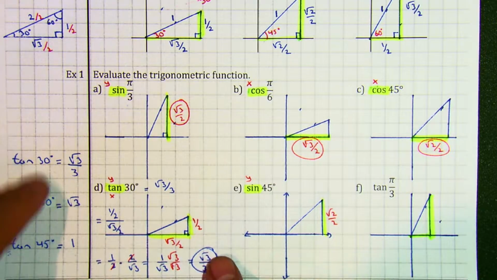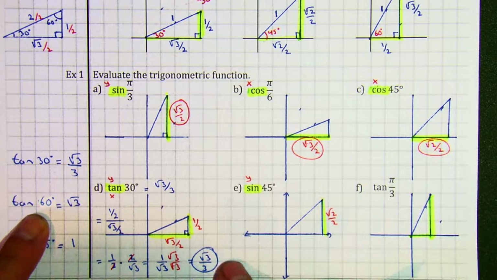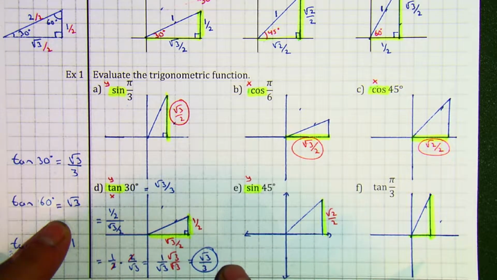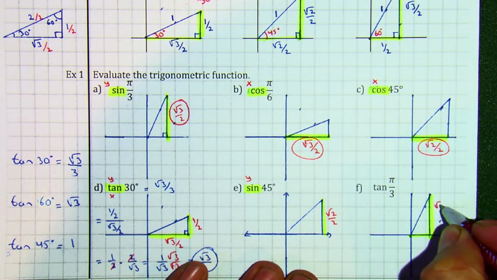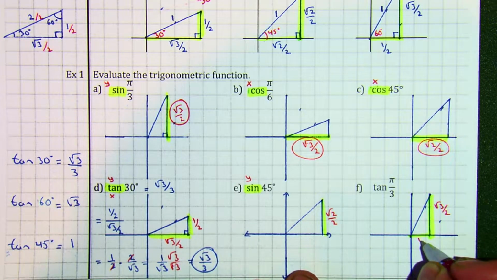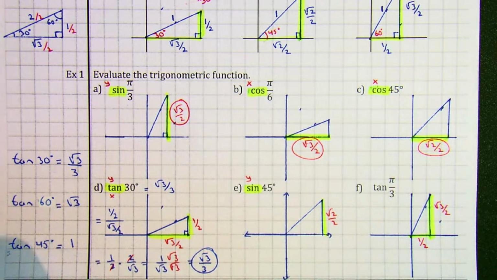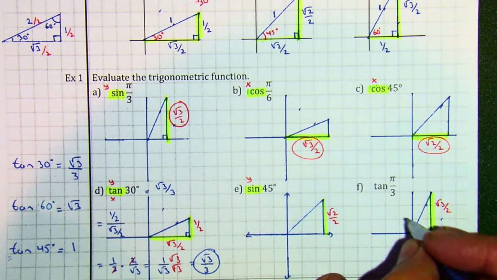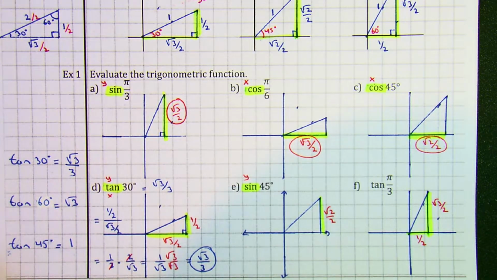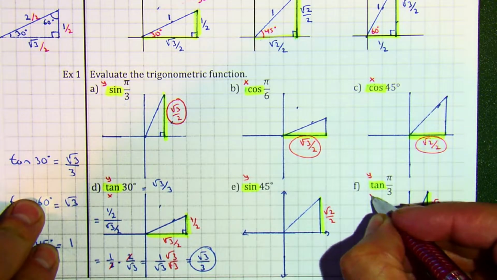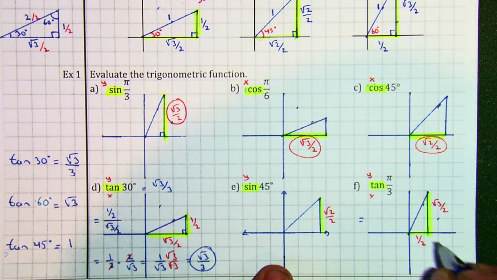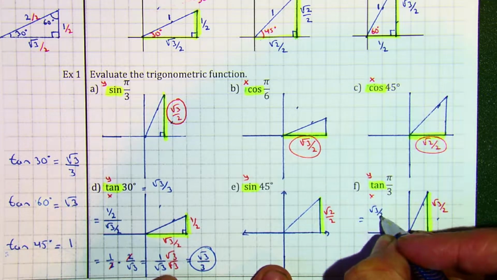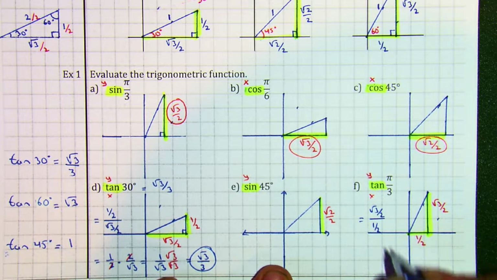And you do want to be able to memorize it because as we do the inverse, you'll have to know them. But for this one, I know that the y is the square root of 3 over 2, the longer side. My x is my shorter side. And therefore, tangent is y over x. Therefore, that is the y, the square root of 3 over 2, over my x, which is 1/2.